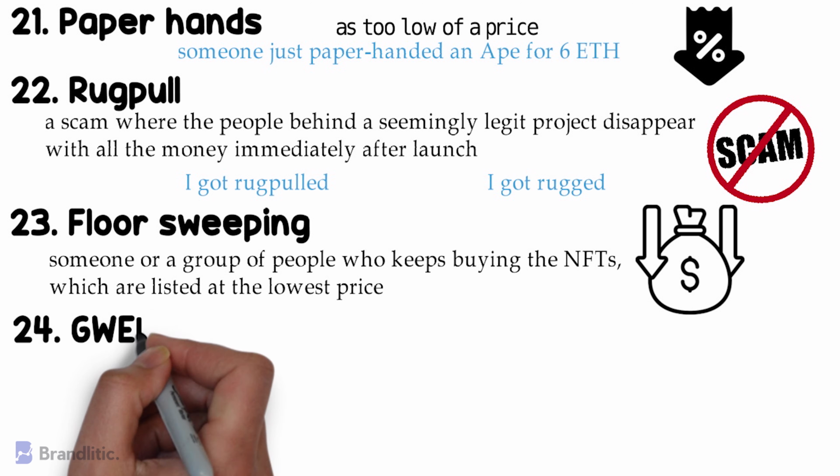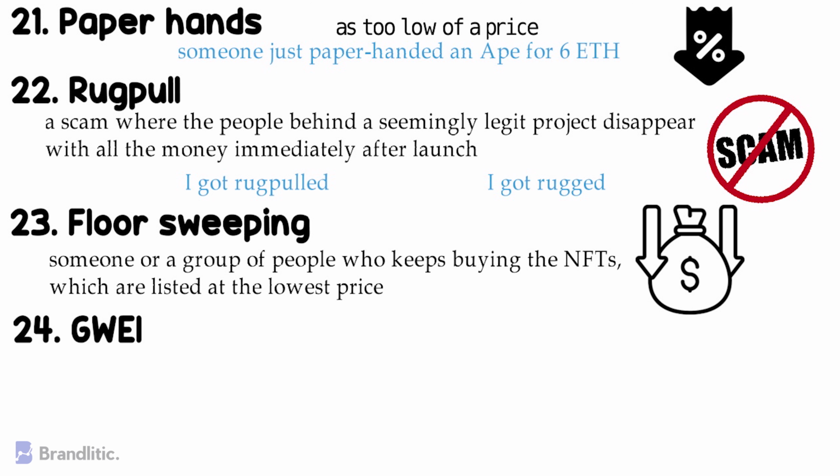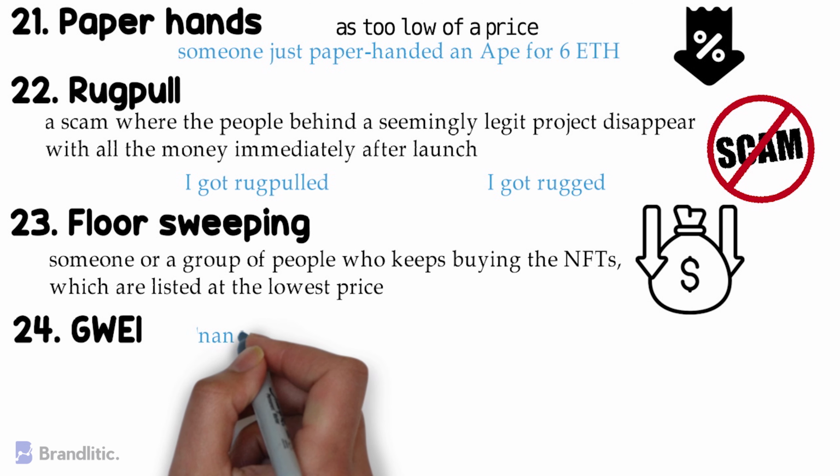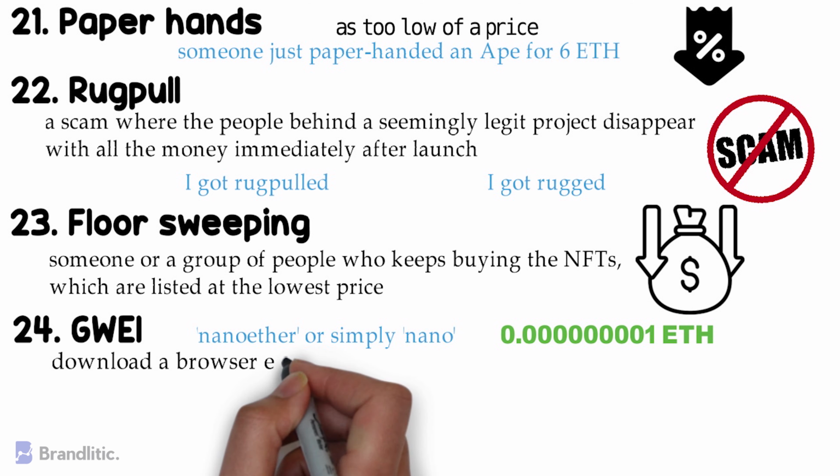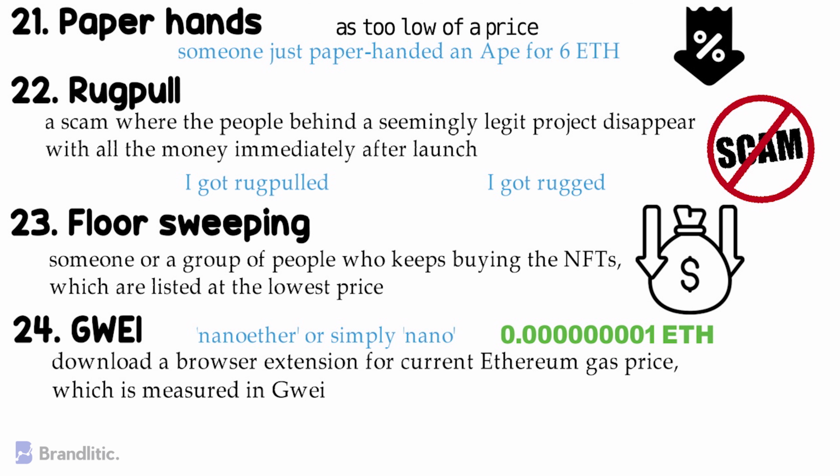Next, number 24, GWEI. Now, GWEI is also called Nano Ether or simply Nano to denote the ninth power of a fraction of Ethereum, that is this figure of Ether, which is Ethereum's native currency. You can even download a browser extension for the current Ethereum gas price, which is also measured in GWEI.